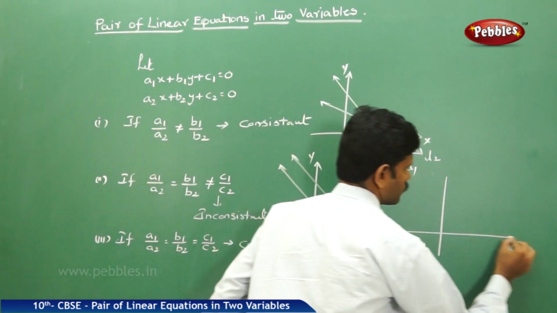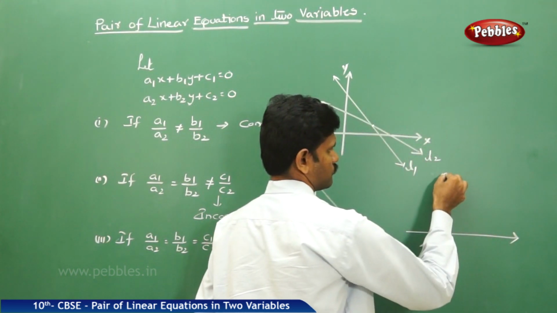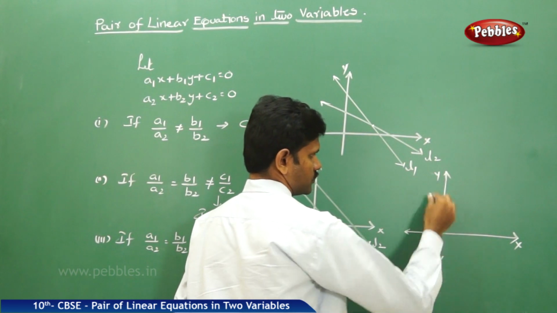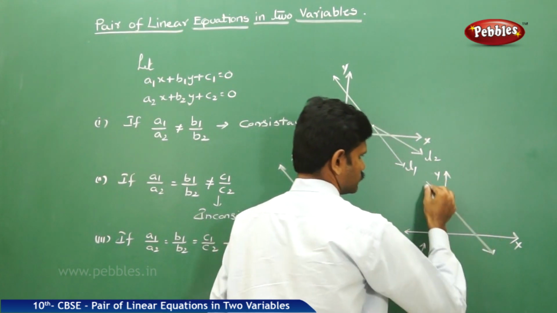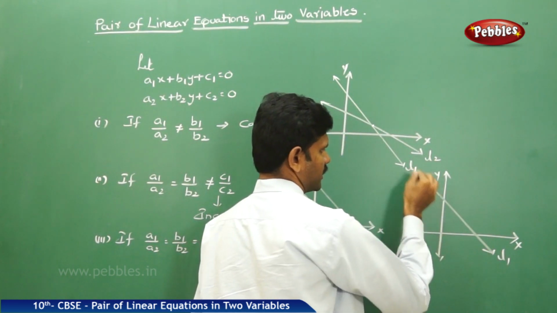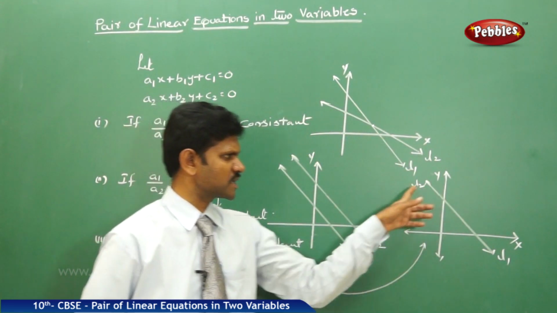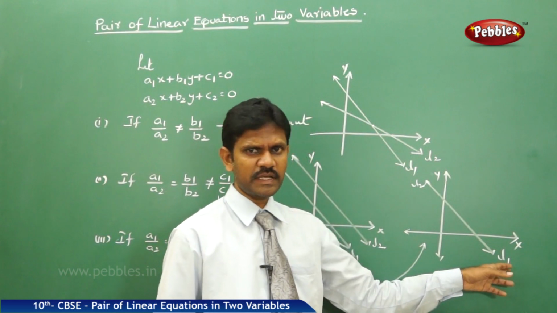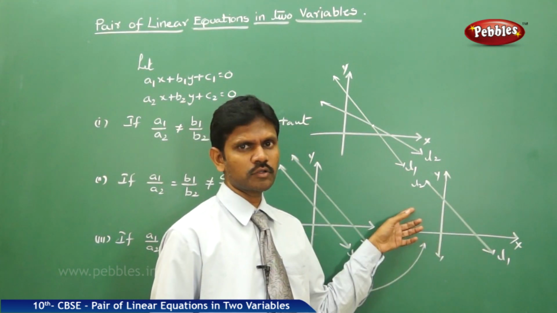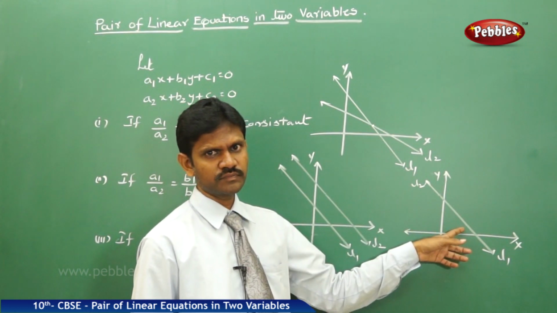See, x, y, that is L1, L2. What is the meaning of that? For the same line, here you name it L1, here name it L2. That is, L1 and L2, both the lines coincide with each other.